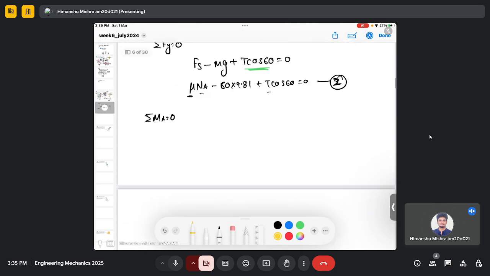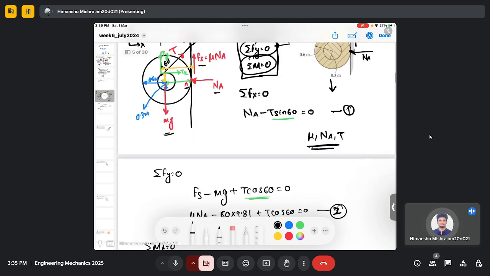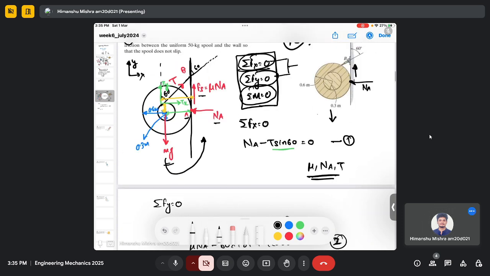So if I assume that clockwise rotation about point A is positive and anti-clockwise rotation about point A is negative, then my weight is rotating in the anti-clockwise manner about point A. Ty is rotating in the clockwise manner, Tx is rotating in the clockwise manner about point A, and that's it.